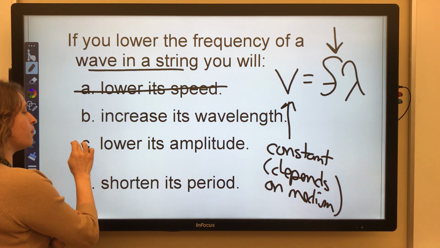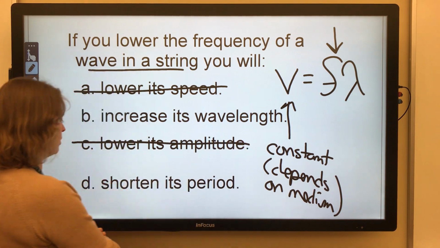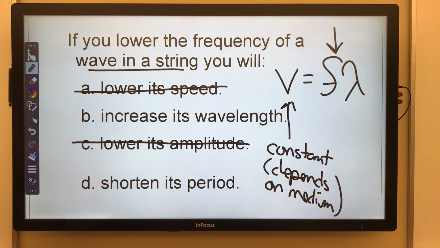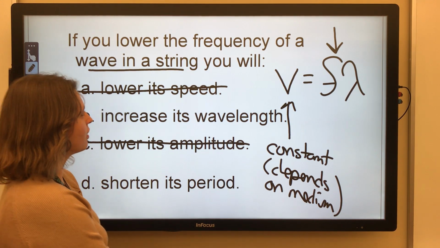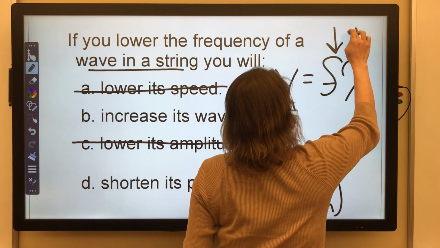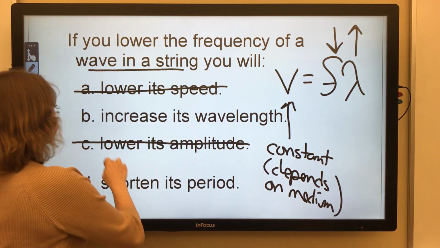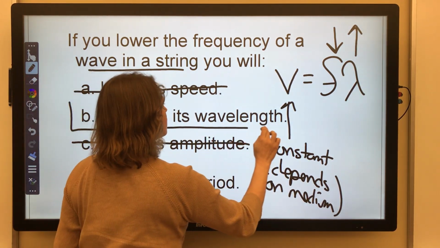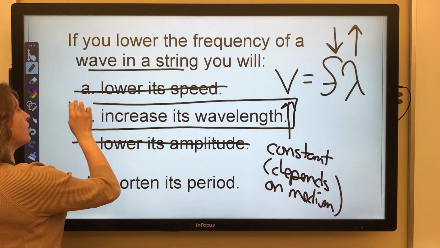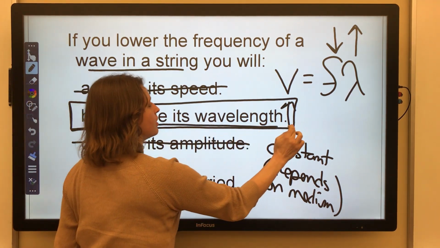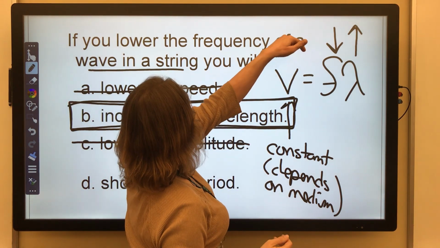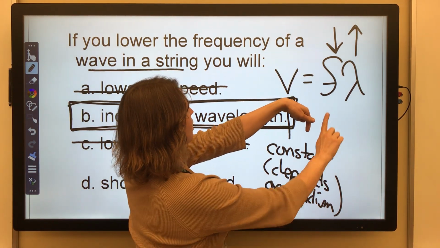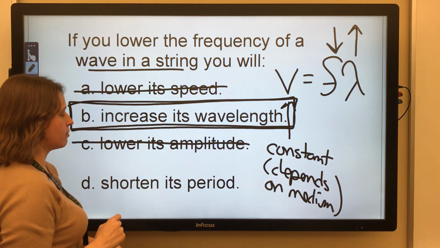It's also going to have no effect on its amplitude. It does, however, increase its wavelength. So we're going to go with B here. Because if our medium stays the same, that means our speed must stay the same. So if I lower frequency, I'm going to increase the wavelength.